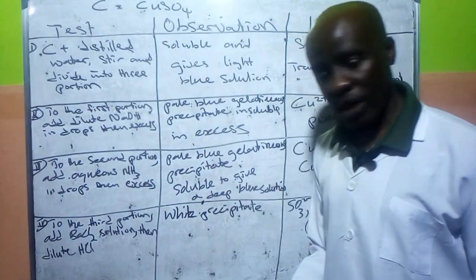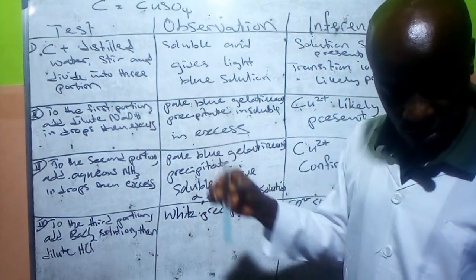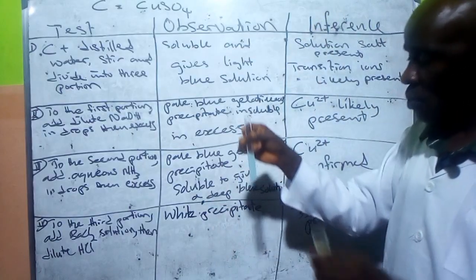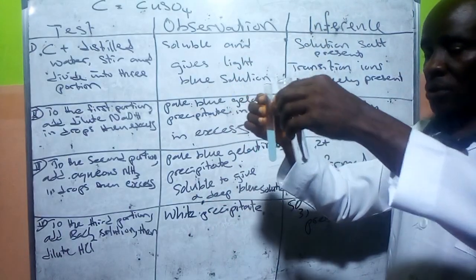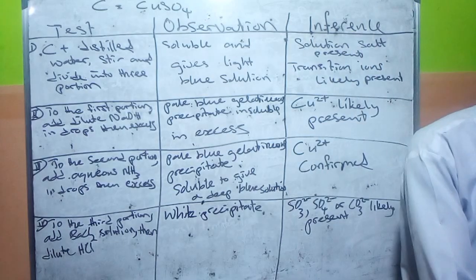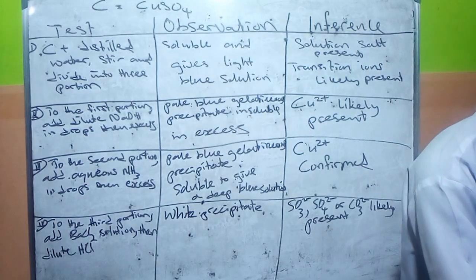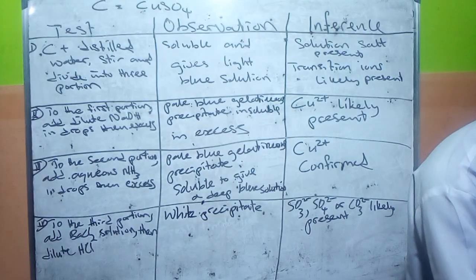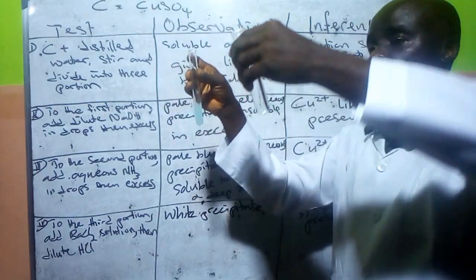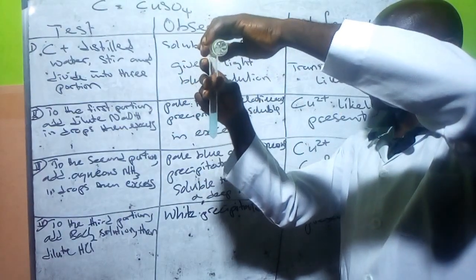So let's try what we have in the acid. When we add hydrochloric acid to it, we'll be able to know exactly what we have there. I should reduce this. I just want to reduce the volume. It seems to be much. So now with hydrochloric acid, I add to it.